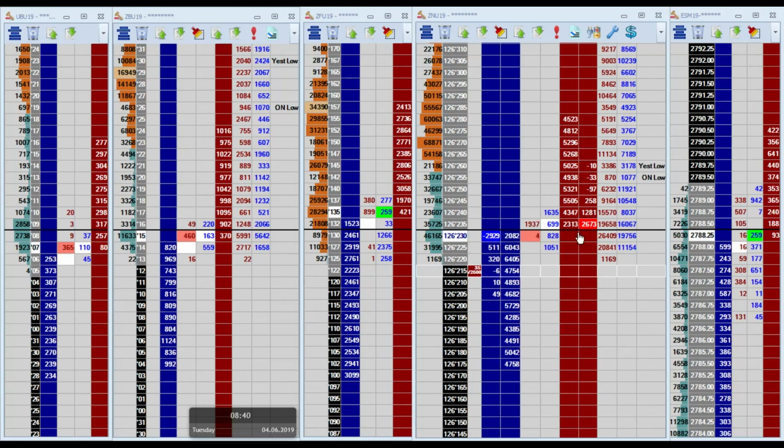So it falls down to 2,000. There's nothing there. Let's see if we can just get filled on a tick or scratch this fucking thing.